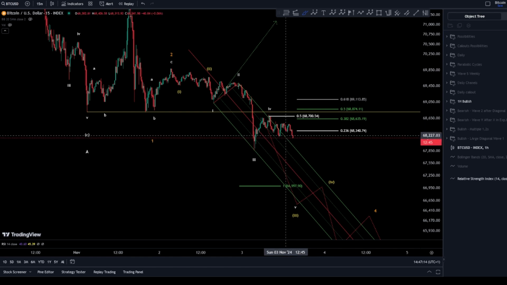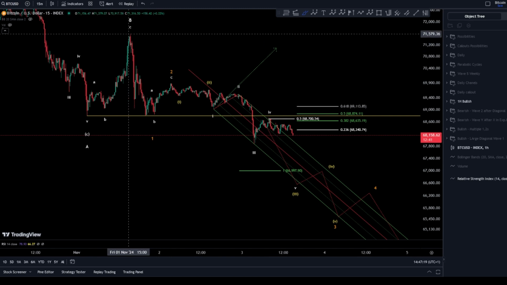It means that this might transform into a contracting diagonal.